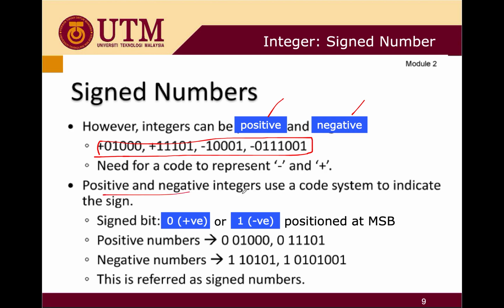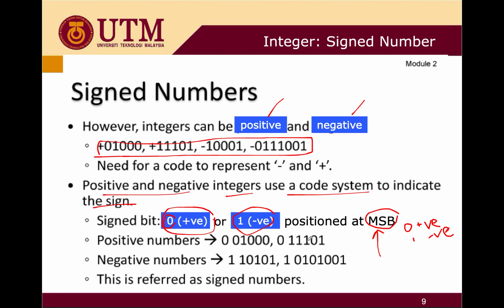Positive and negative integers can use a code system to indicate the sign. If the sign is positive, it will be a 0. Negative is a 1. This one is a signed number, where you put this sign bit, whether it is positive, which is 0, or negative, which is 1, at the MSB.